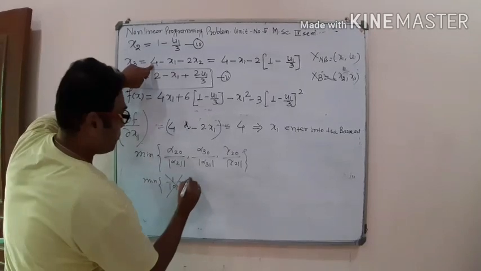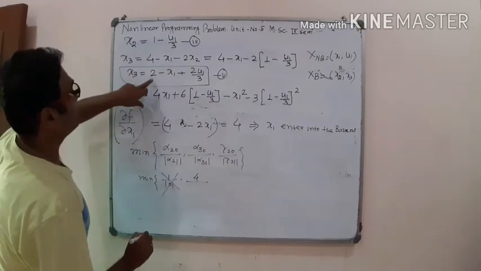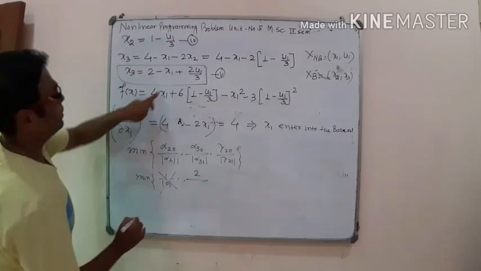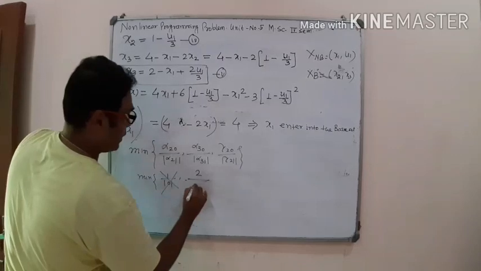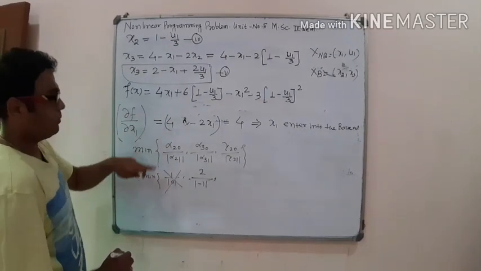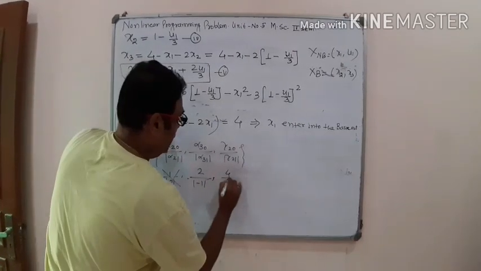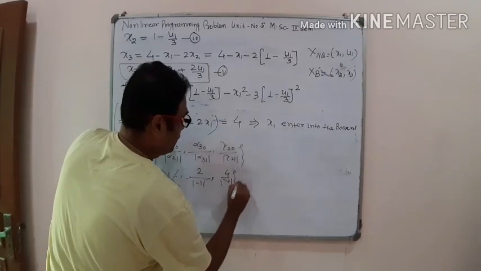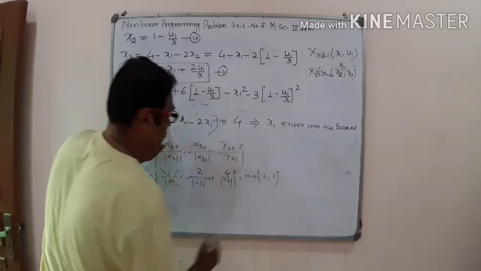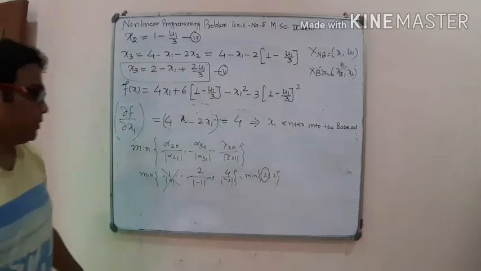Now in the next point, this is 4 upon alpha 3 1, sorry, 2 upon the coefficient of x1, which is minus 1, so that is 2 upon 1. Gamma 2 0 is here 4 upon minus 2.